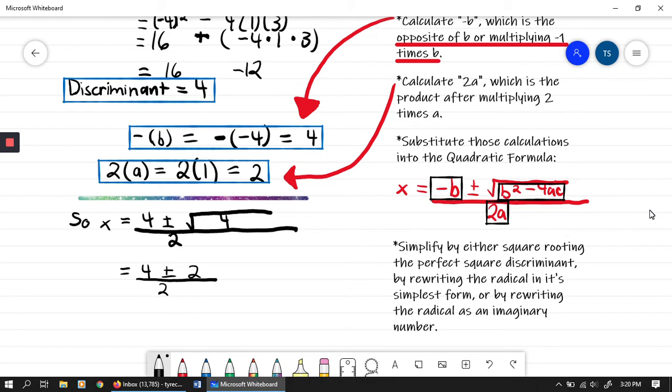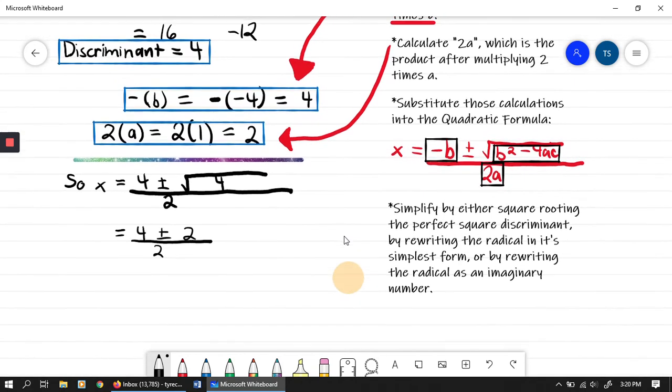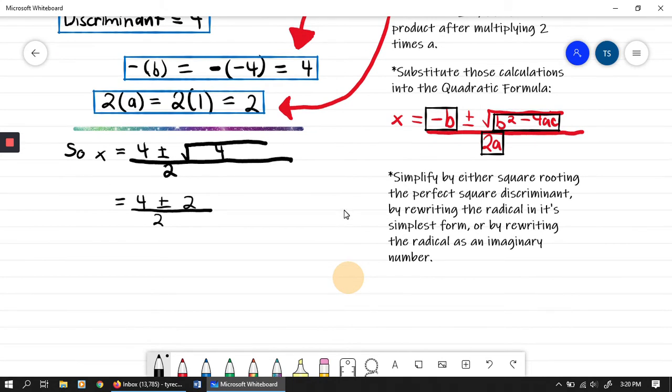Now, we have simplified that square root part of it, but this can be simplified even further. Remember, guys, that plus or minus means that we have two separate answers. So I'm going to write it out like this.